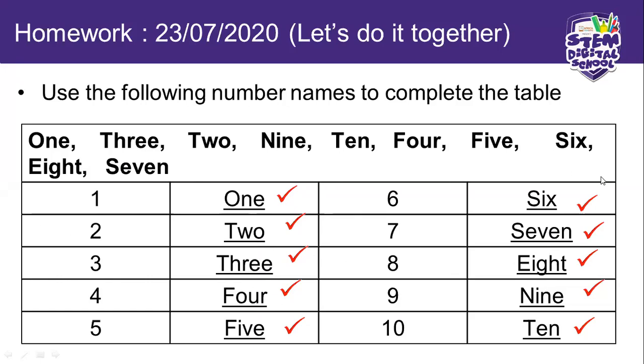So also for the assessment, please make sure that you are able to write these numbers 1 up to 10 using the number names, being able to write it in words.